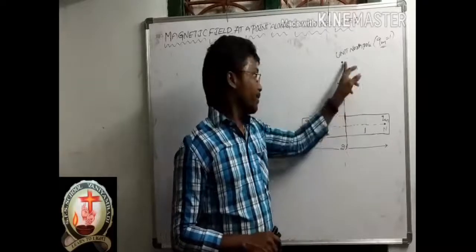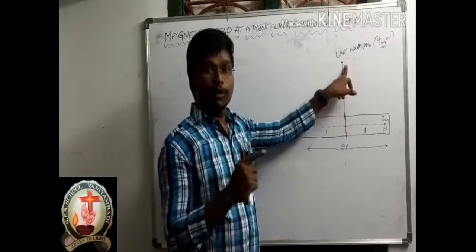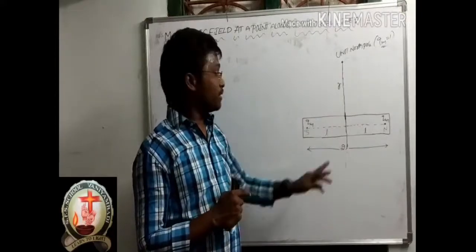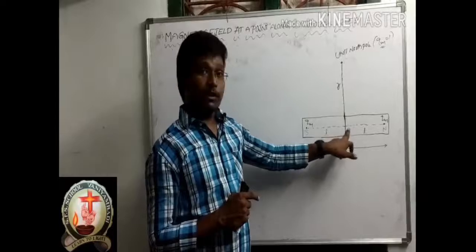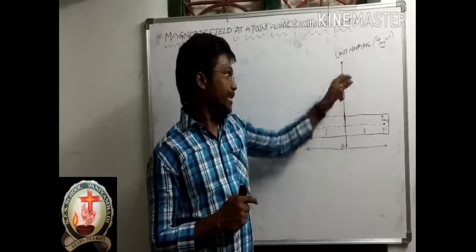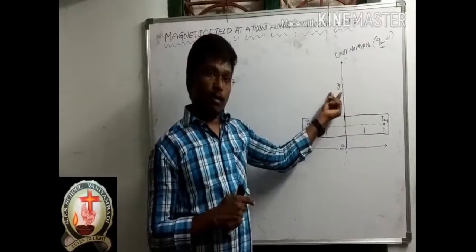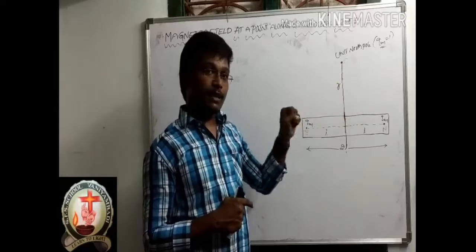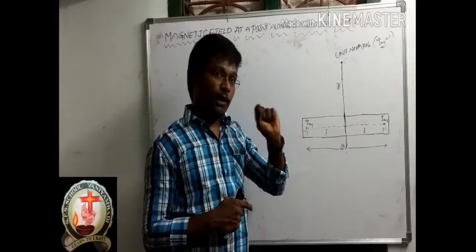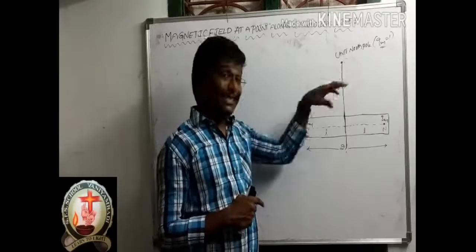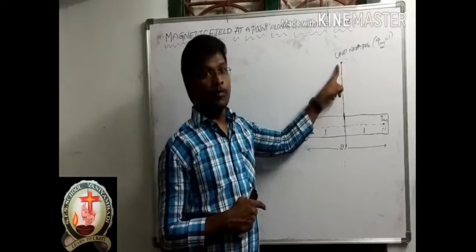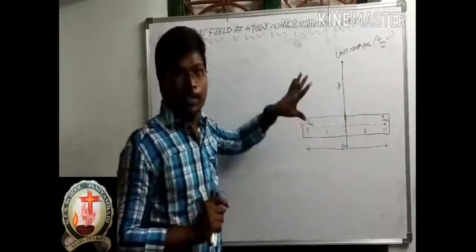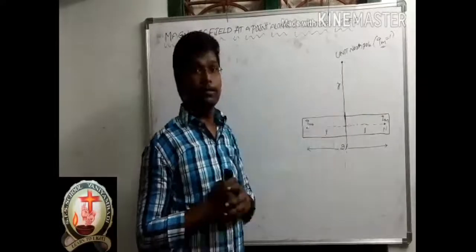Point C is placed on the equatorial line, the distance from the center of the magnet to C is small r, and let us take a unit north pole and place it at point C. The pole strength of the unit north pole is 1. So this is the explanation of our figure.